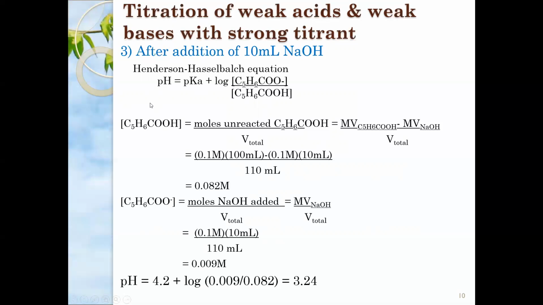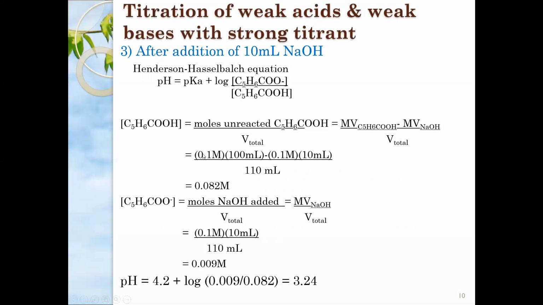It's like you are adding strong acid or strong base to a buffer solution, so the approach is more or less the same. Because base was added as titrant, the amount of acid would reduce. That's why you see a minus sign here.